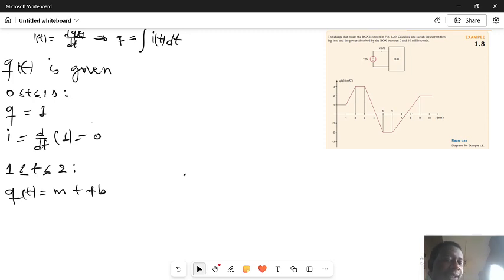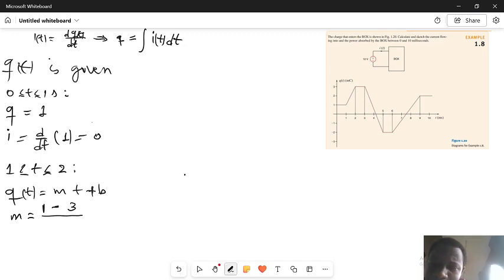Now let's determine the value of m and the value of b. To determine m, we look at the points. From the second point, the value of q is 3, minus 3, and from the first point, q is 1.